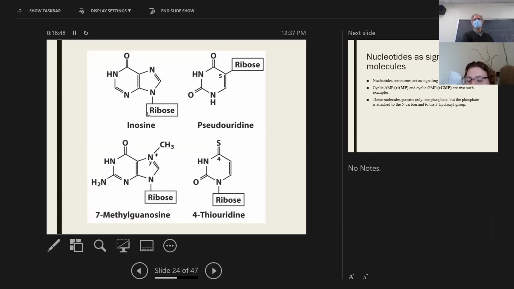Then you have pseudouridine. Instead of being attached to the ribose here, it's attached over here. The enzyme that does this basically clips the bond, turns the uracil, and reattaches it. So that's called pseudouridine. Notice it's still uracil, it's just the attachment site that's different.